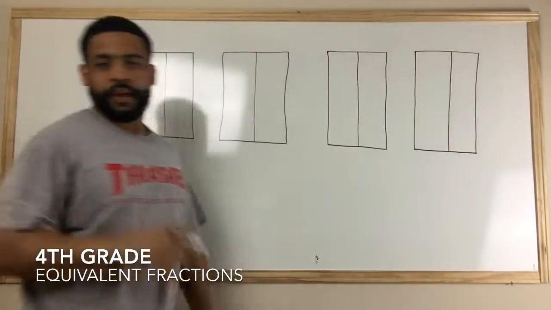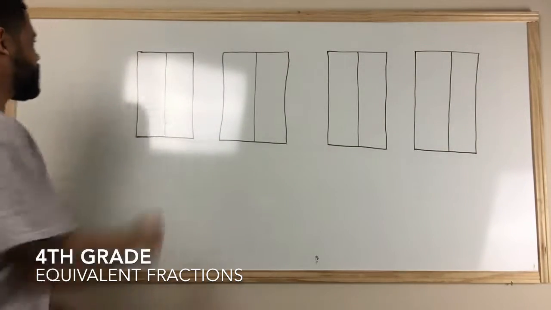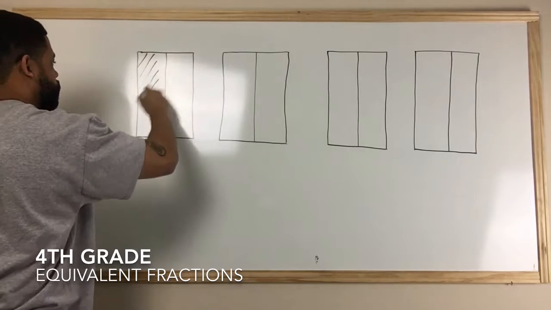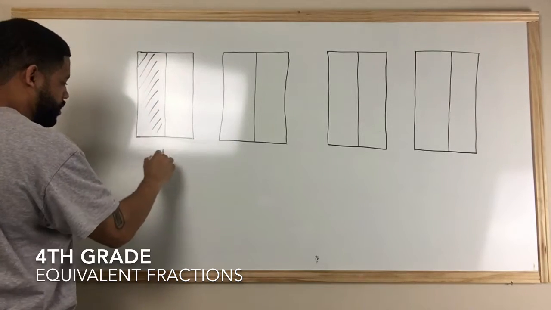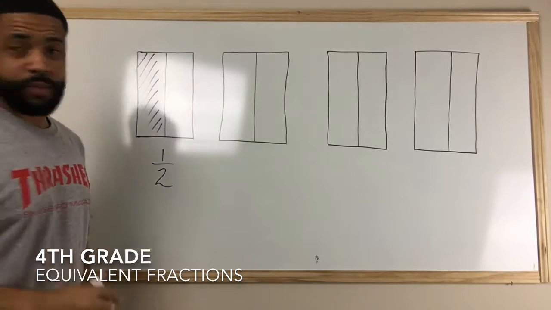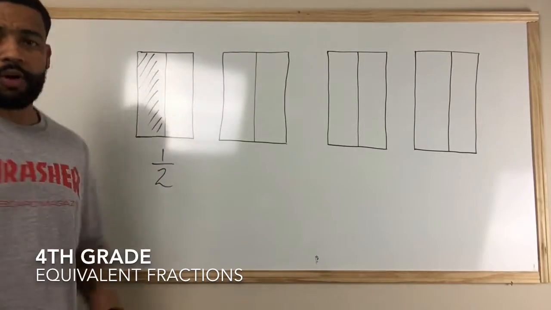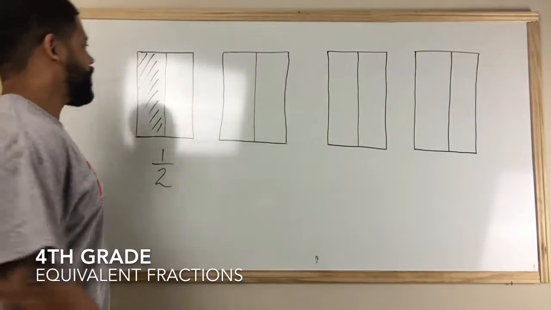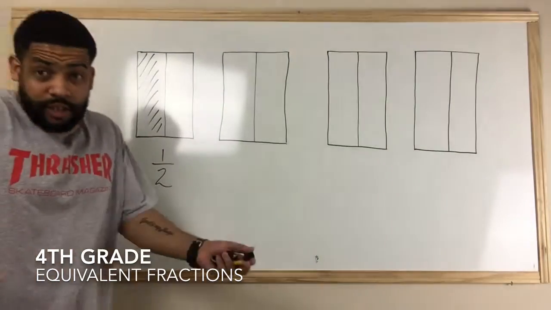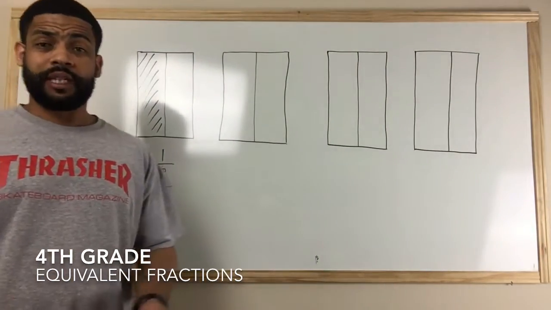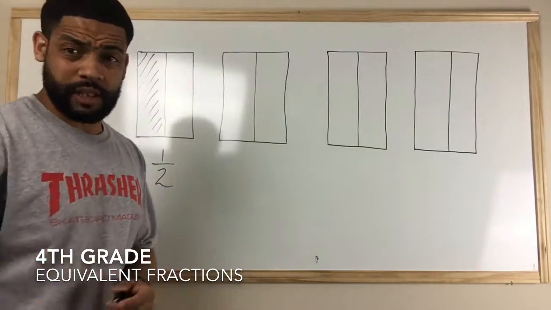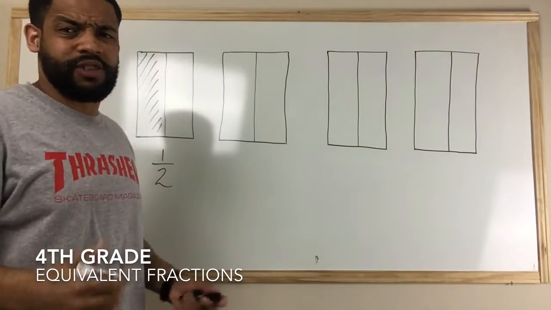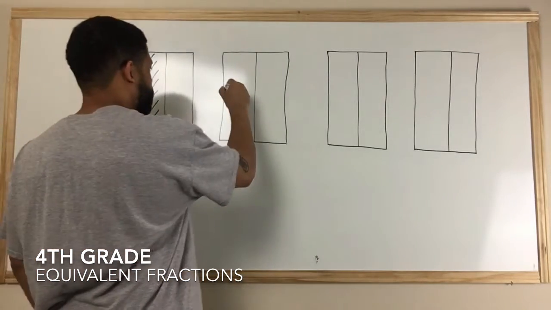All right, cool. So I have this first one, and this has two pieces. That means that if I shade right here, I'm going to get the fraction 1/2 because 1 out of 2 total parts are shaded in. Now, I want to take this second one and I'm going to make a different denominator. If it has a different denominator, then that means it has more pieces, right? Say yes. All right, so it has more pieces. So let's go ahead and do 4 pieces.